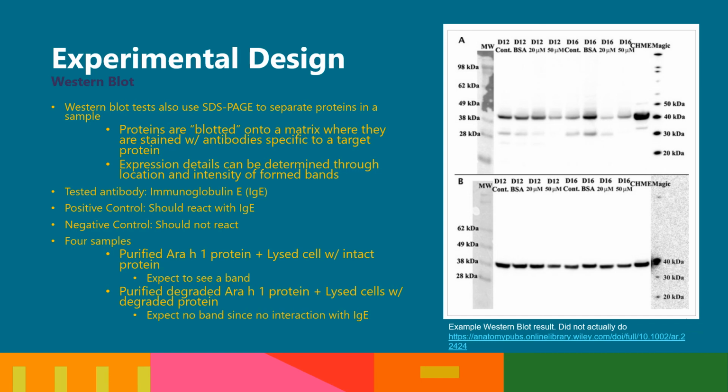For the whole cell extracts, they'll definitely have a lot more going on in their respective lanes compared to the purified ones. Since it's a whole cell, there's a whole lot of other stuff in there. But you would still be able to compare it to the other lanes and see if there's an interaction across the same row.